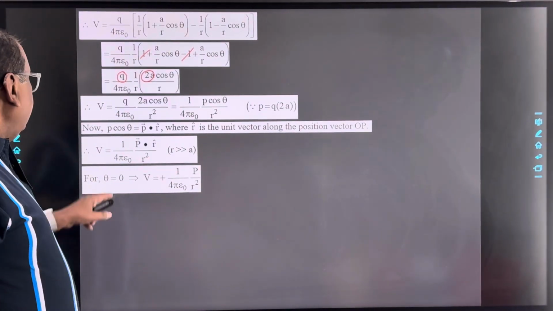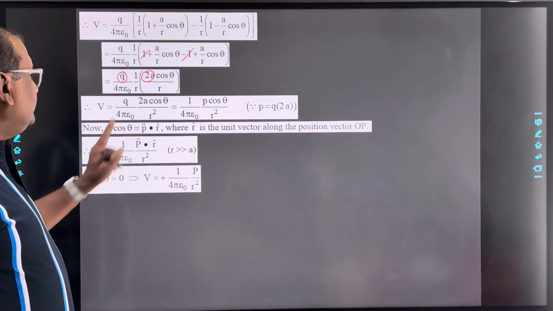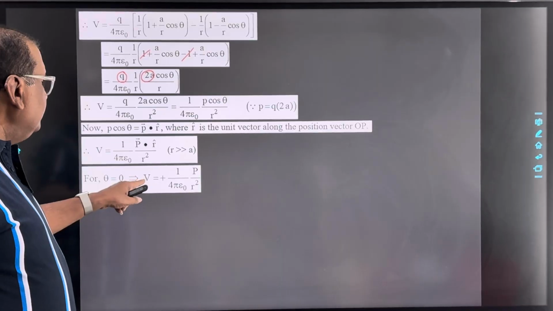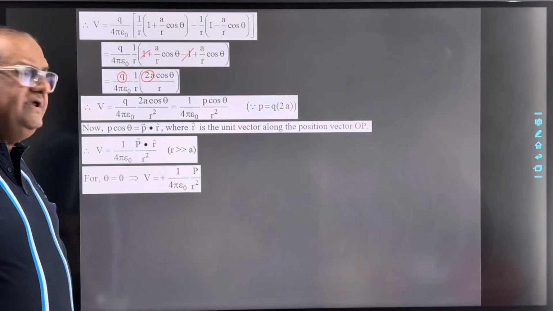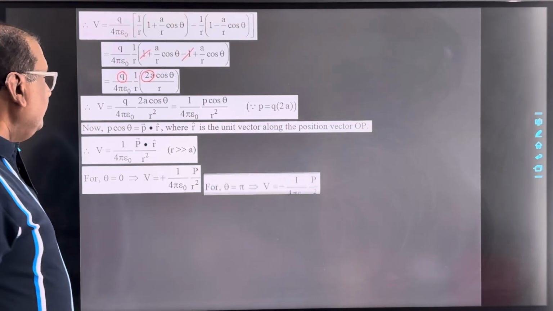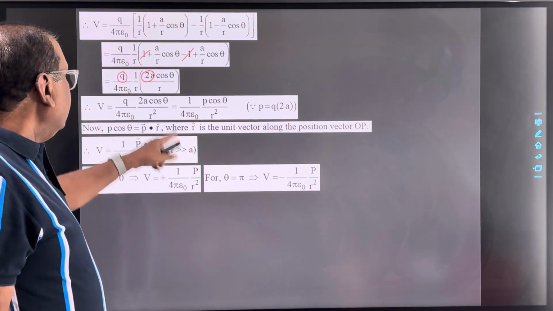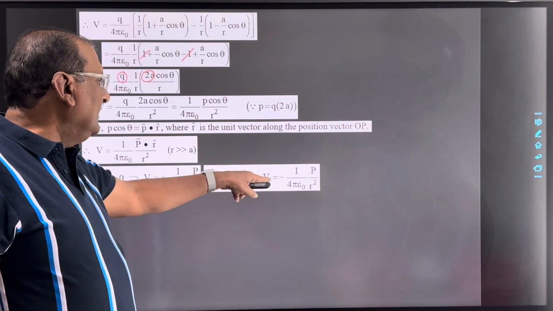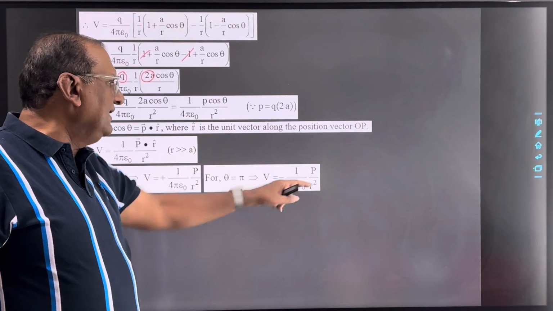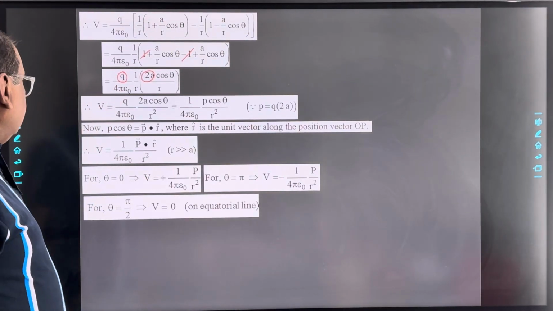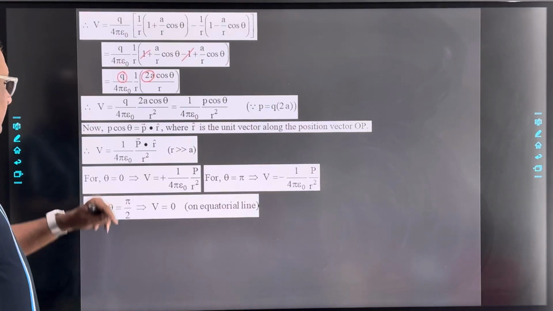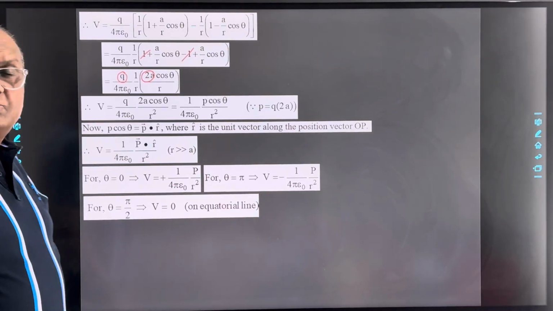Now if theta is equal to 0 here, then the potential will be 1 upon 4 pi epsilon 0 P upon r square. If theta is pi, then cos pi is minus 1, so V is minus 1 upon 4 pi epsilon 0 P upon r square. And if theta is equal to pi by 2, then V equals 0.